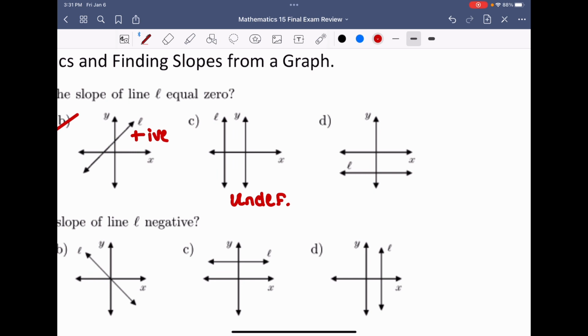Versus this one, there's no change in y because our line is strictly horizontal. We don't change in the y, but we do change in the x, meaning this is 0. So horizontal lines, and I'll write it above, horizontal lines have a slope of 0.